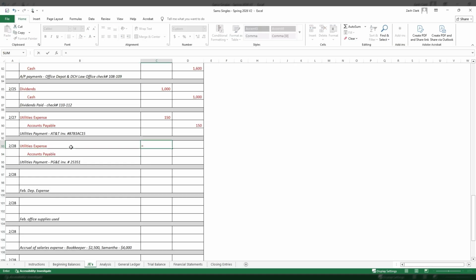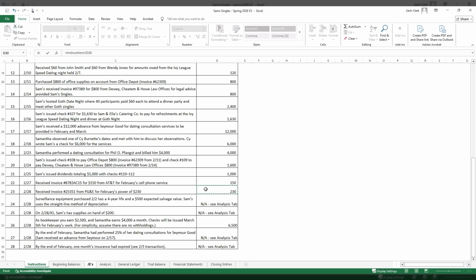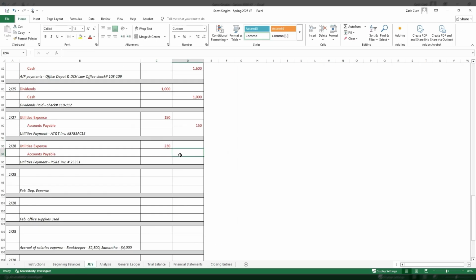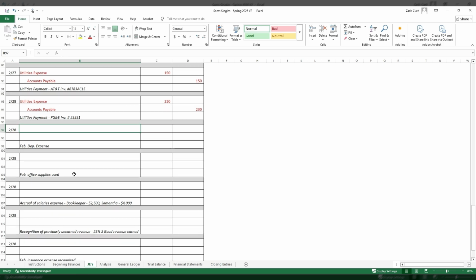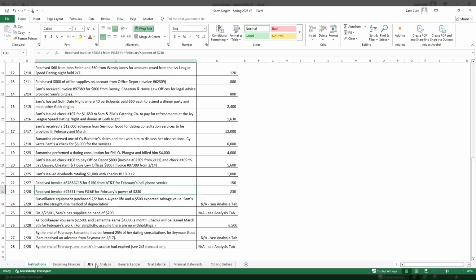Again, if you were the accountant in the real world and you wanted to break these into separate expense accounts, one a telephone expense and one electricity or utility, something along those lines, that's fully within your ability to do so, but we're going to just group those together into utilities expense in my presentation here of the overall breakdown.